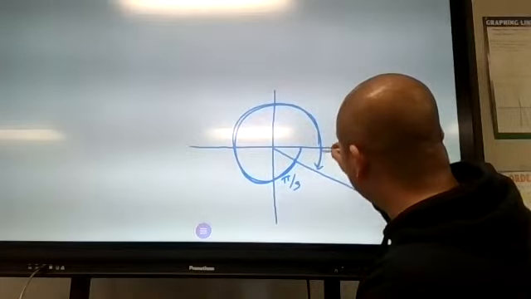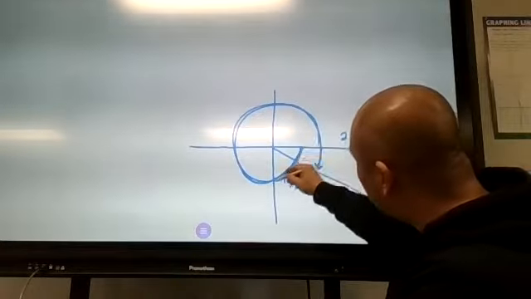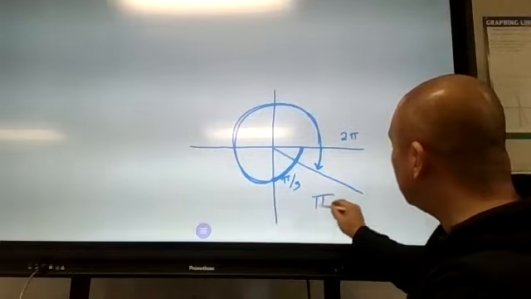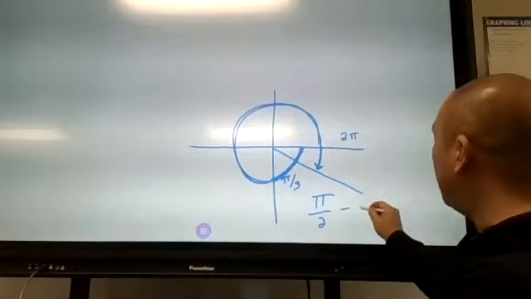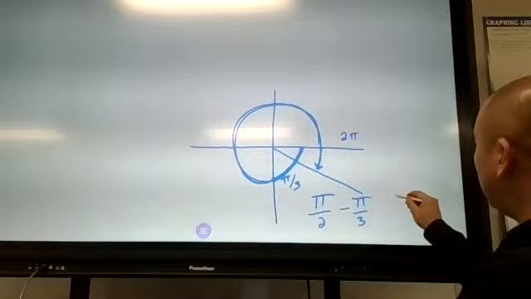Then we have to add this portion right here. How do we get it? We know that this whole thing right here is pi over 2, and this portion right here is pi over 3. So let's subtract pi over 2 minus pi over 3.